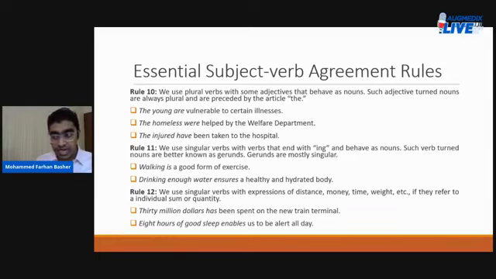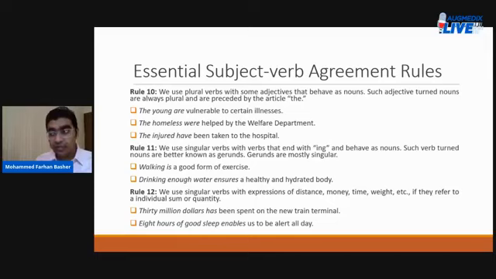You could say $3,000 is a lot of money for me. You never say $3,000 are a lot of money to me. No, $3,000 is a lot of money for me.